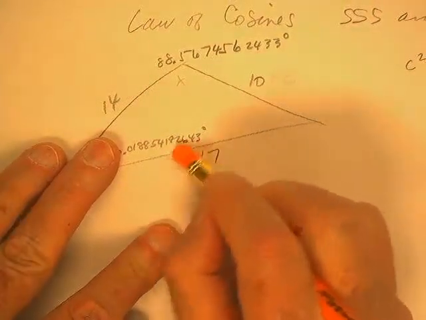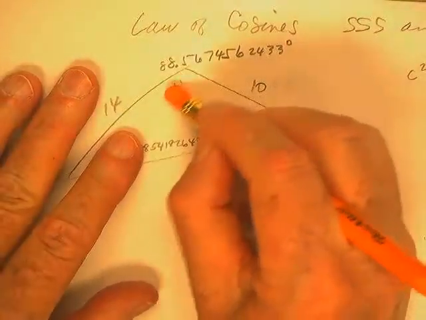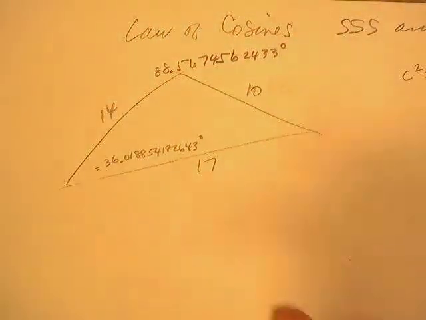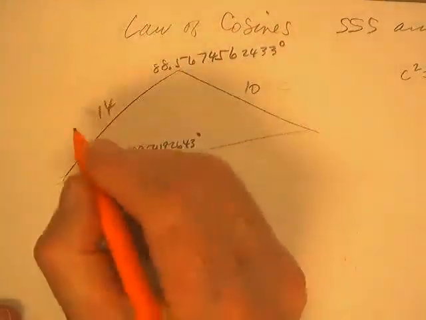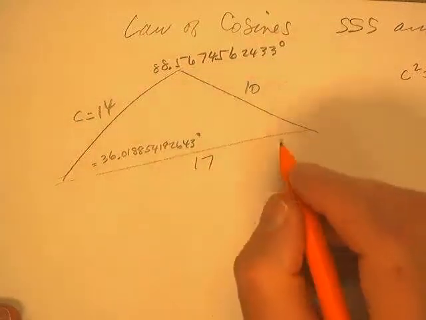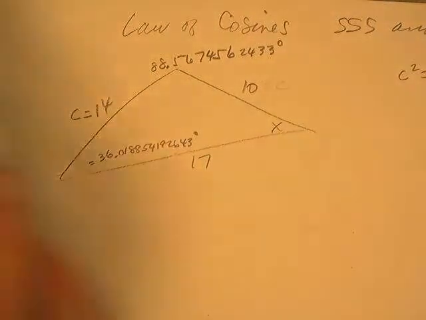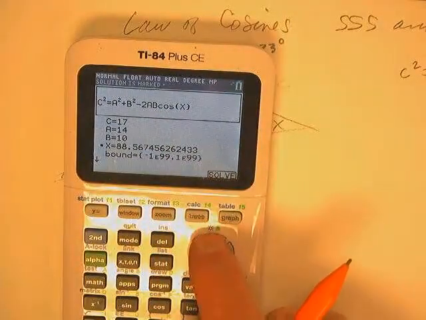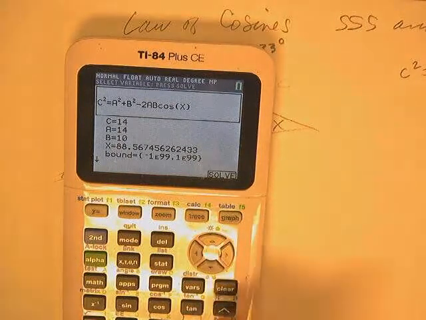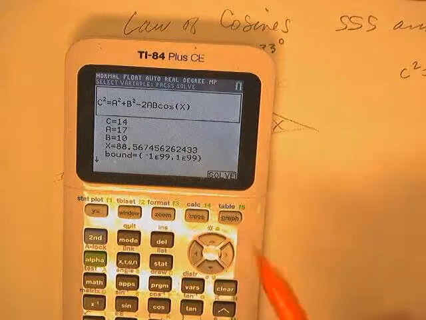And now all you got to do is change X and C every time. Now I need this angle. So now I want that one to be C, and this is going to be angle X over here. So 14 hasn't been C yet. Okay, so let's put 14 there. Let's put 17 there.